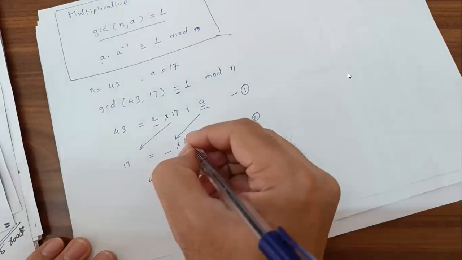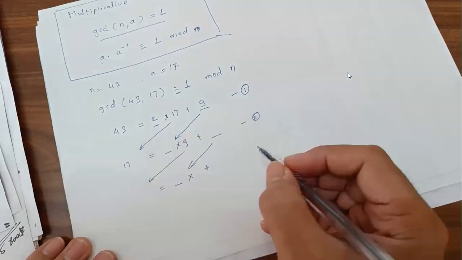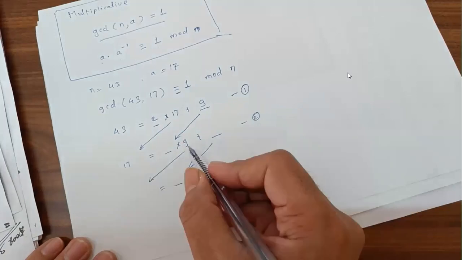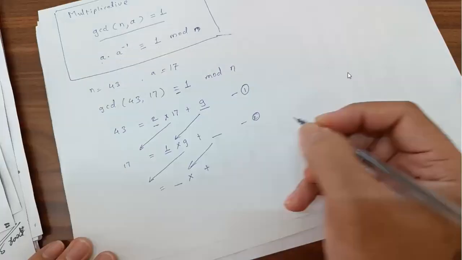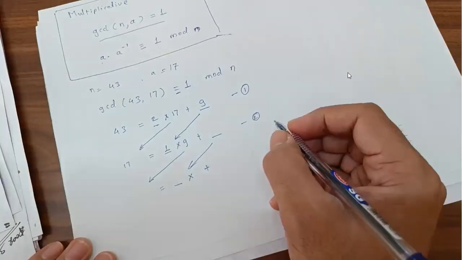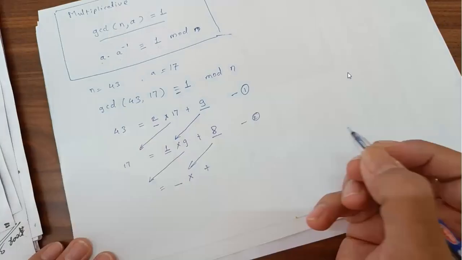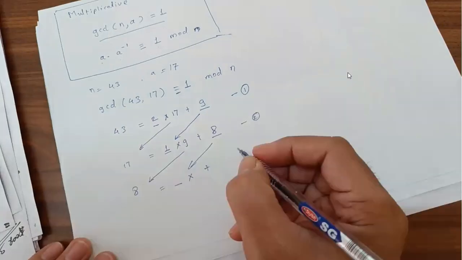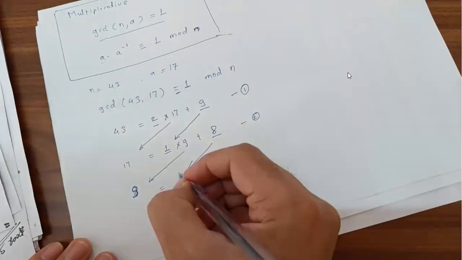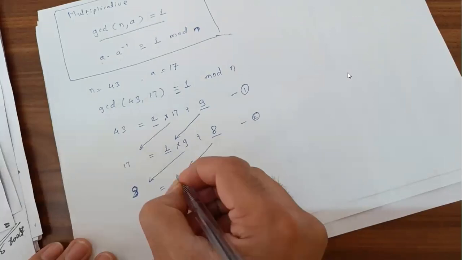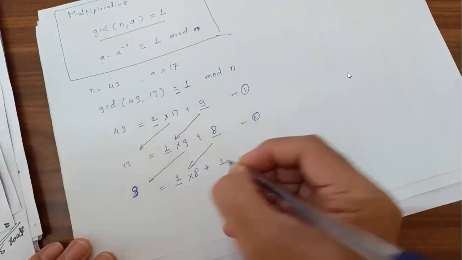So the second equation will be 17 equals 9 into, cannot be 2. So 9 equals 8 will come here, plus 1. This is the third equation.